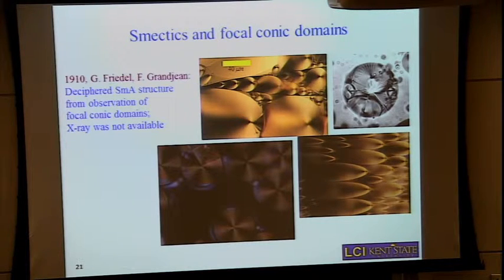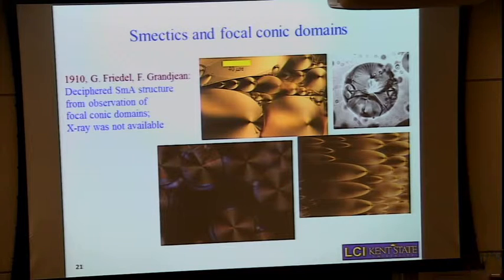In 1910, Georges Friedel, the same person that gave the name to nematics, and by the way, he gave the name to smectics as well, observed under the microscope some strange geometrical figures like this one with an ellipse, and then some line that probably resembles a hyperbola, and then again some elliptical shapes.